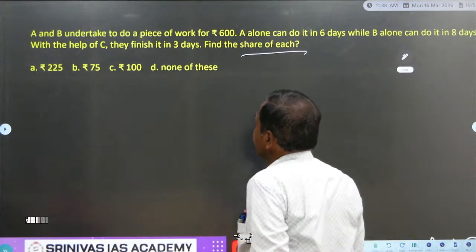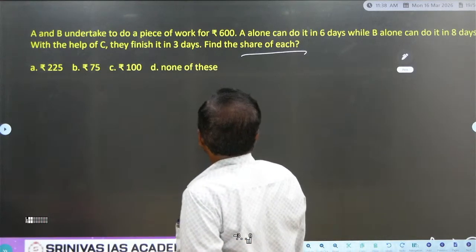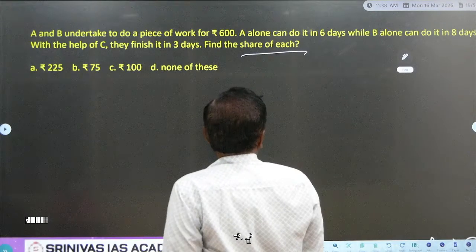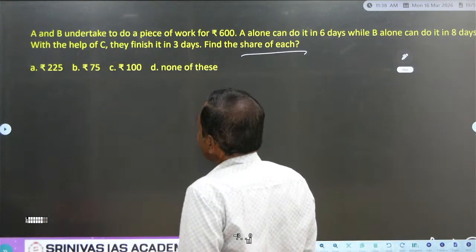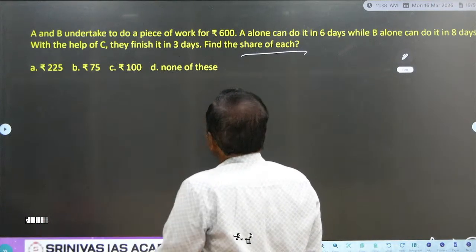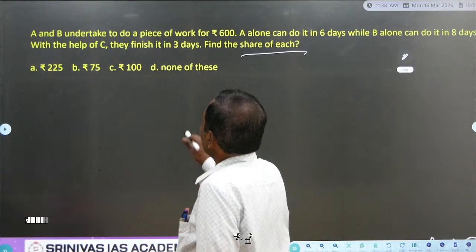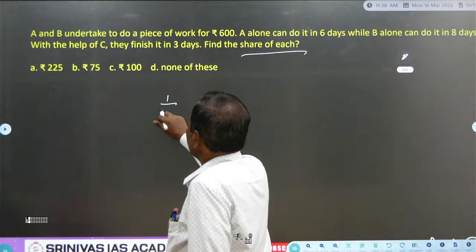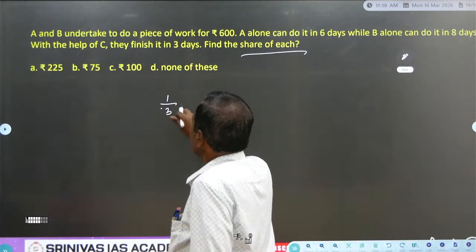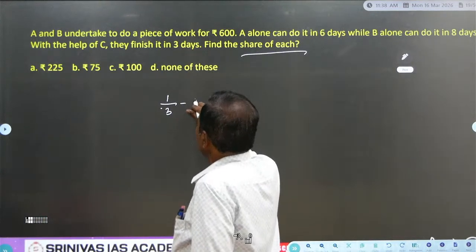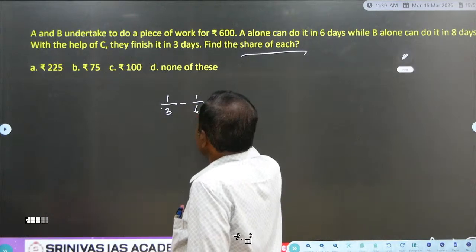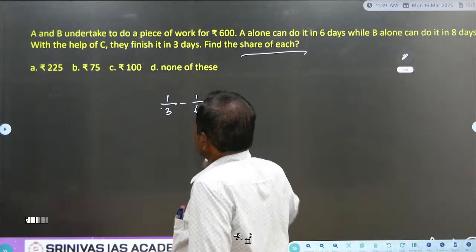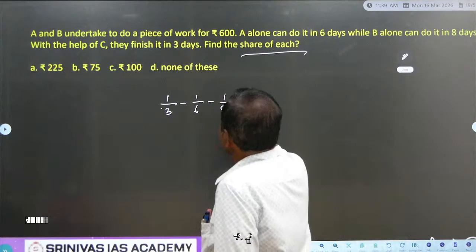A and B undertake to do a piece of work for rupees 600. A alone can do it in 6 days, B alone can do it in 8 days. With the help of C, they finish the work in 3 days. Then how do you say that is 1 by 3? 1 by 3 minus 1 by 6 minus 1 by 8. What happens if you do like that? You will get C's amount.